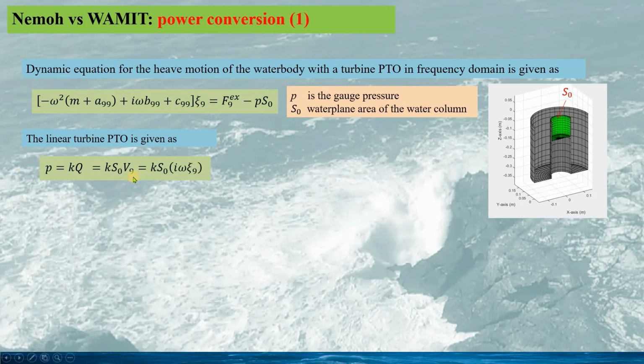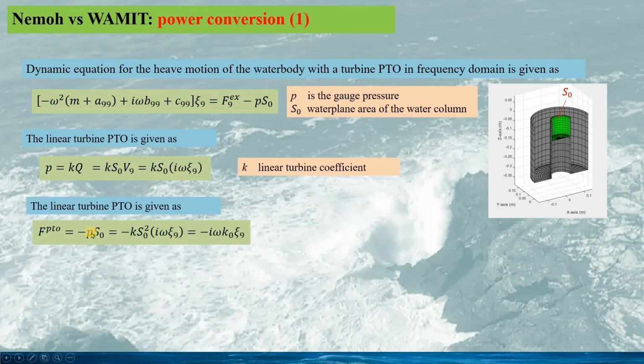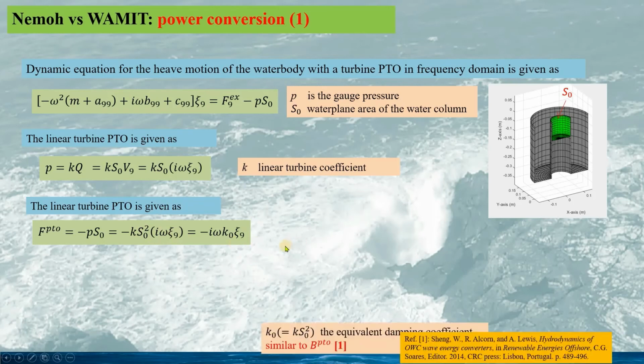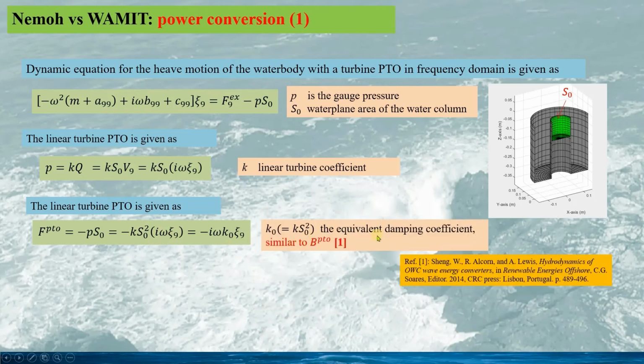Thus, we have this expression and this. So the linear PTO force can be expressed as this and this. Now we can define an equivalent damping coefficient K0 equal to K times S0 squared.